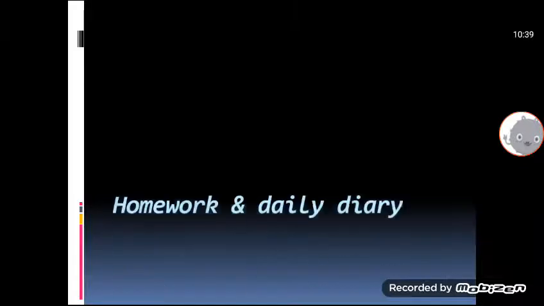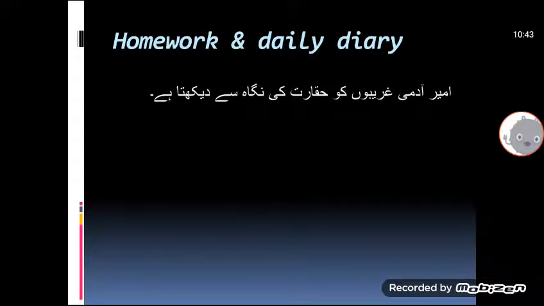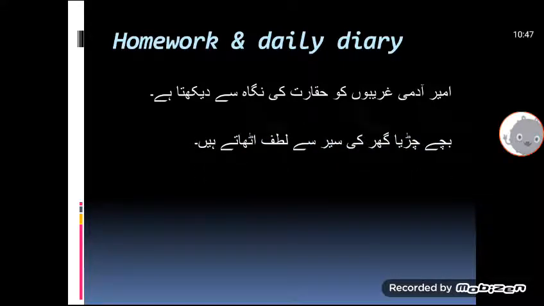Clear? Okay, let's have your homework and daily diary. The rich man looks down upon the poor. Children visit the zoo. What you need to do is to find out subject, verb and object from these sentences, and extra information will be put at the end of the sentence. Clear?